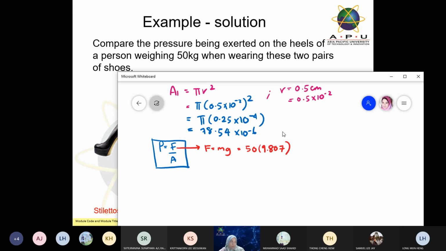Can I multiply by 10 instead of 9.807? 9.81 can, 10 cannot. In the exam, we will state which one is the standard to use.